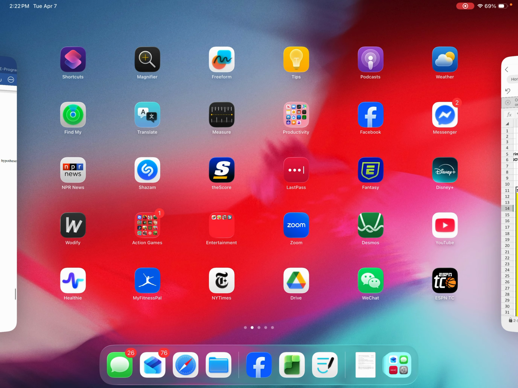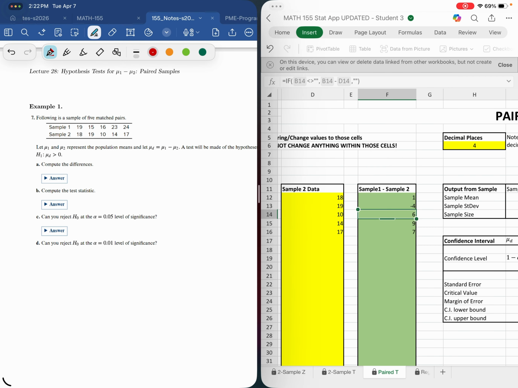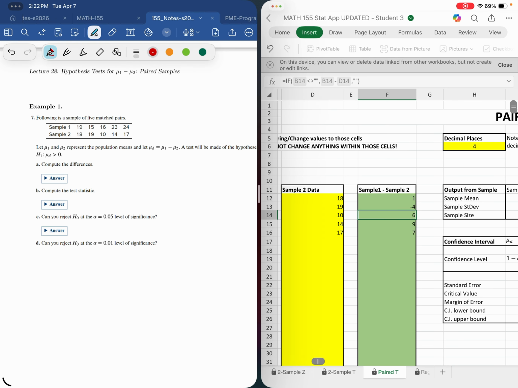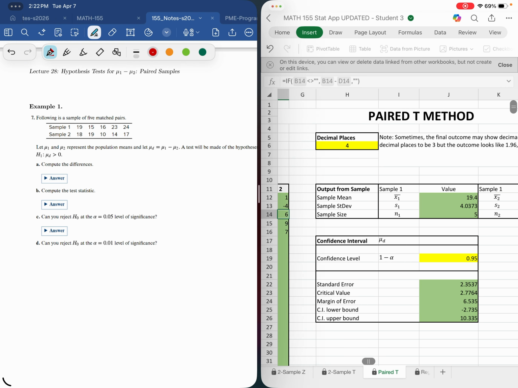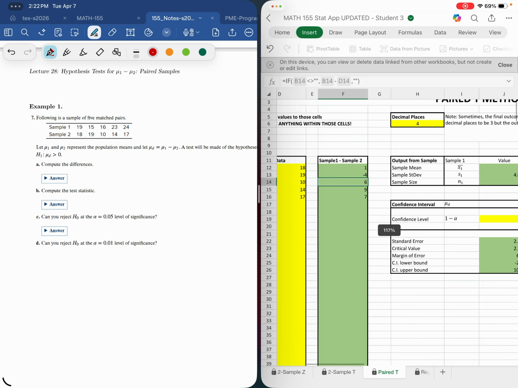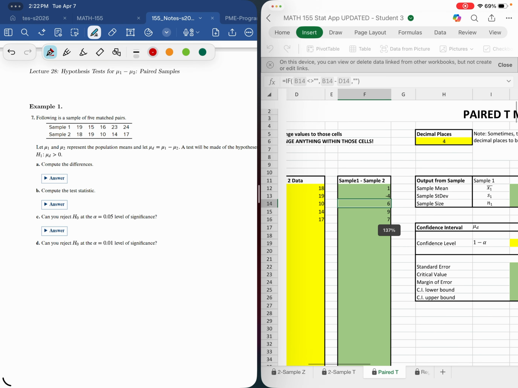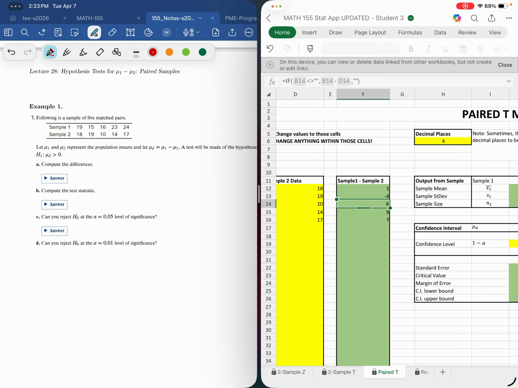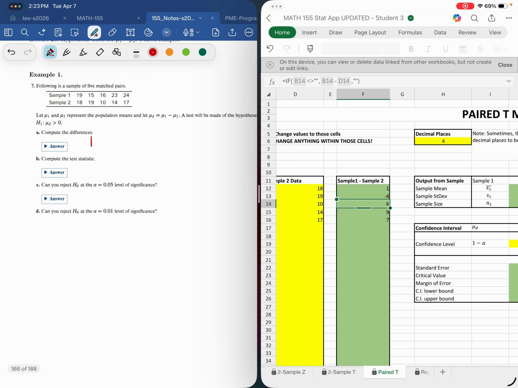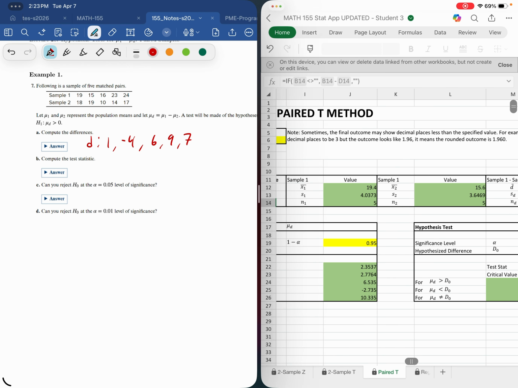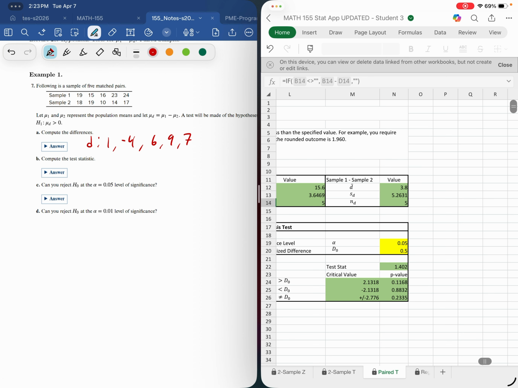So what are the differences? Well, again, that's just this right here. Let's see if we can squeeze it all in? No, I don't think we can. The differences, we'll just say, are 1, -4, 6, 9, and 7. Now, the test statistic is right over here.